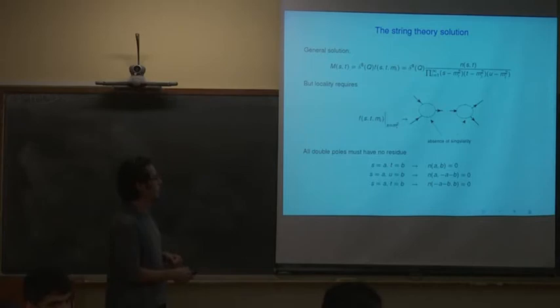So in order for the residue, whenever I'm sitting on one of these poles, to become just a polynomial with no other singularity, N must have a zero to cancel all of these other remaining singularities. For example, if you have S equals A for some mass and T equals B with some other mass, then that requires that N(A,B) must be 0.